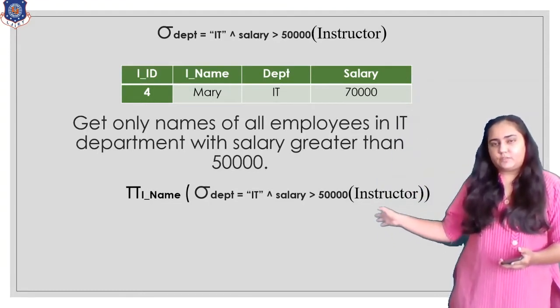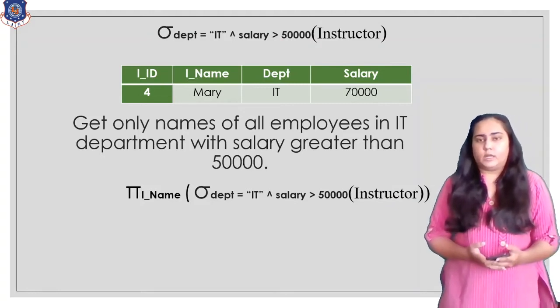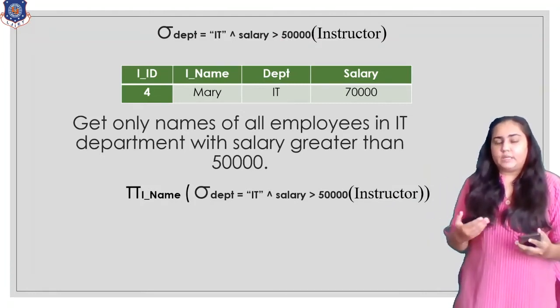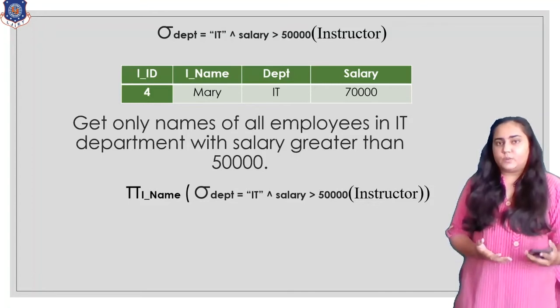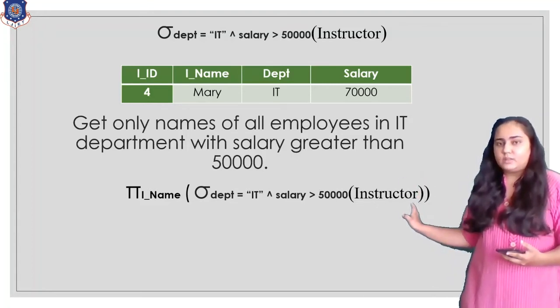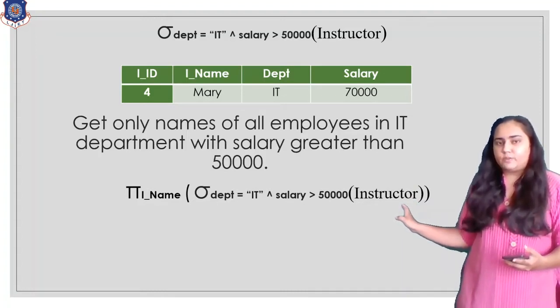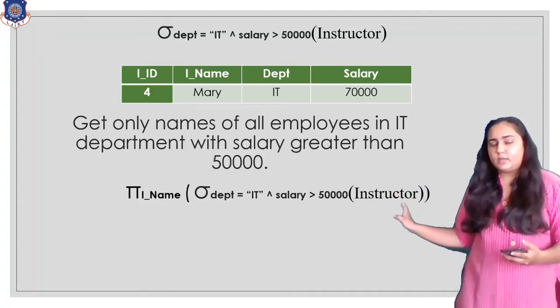And outside of it, there's another bracket. And then outside the bracket, there is pi I underscore name. This would get me the I underscore name column. Now notice here how this inner query is enclosed within these brackets.